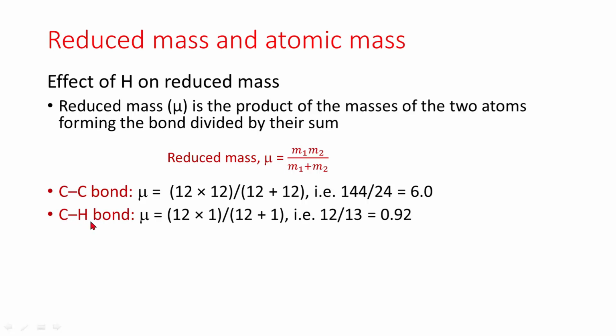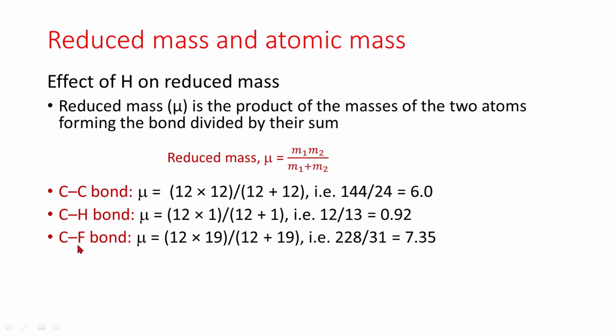Reduced mass for carbon-hydrogen bond is 0.92. Reduced mass for carbon-fluorine bond is 7.35. There is a large difference here when we consider replacement of one carbon by hydrogen.